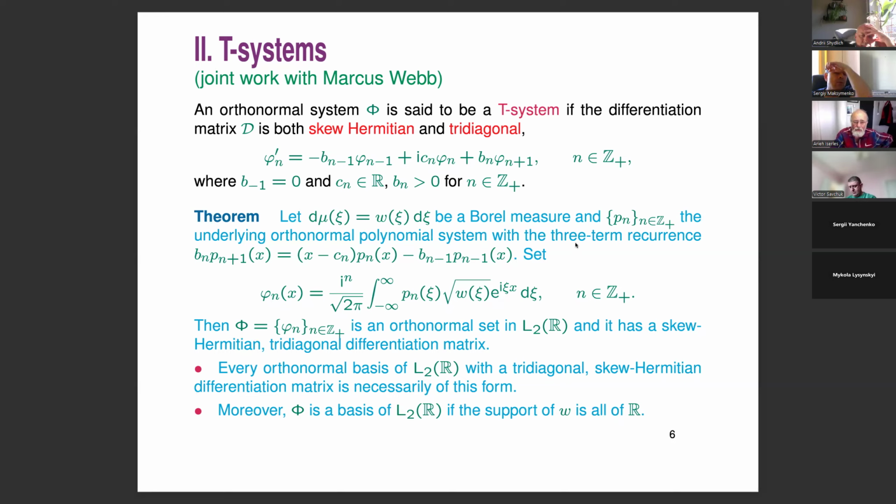And as you know, orthogonal polynomials obey a three-term recurrence relation, and I want the recurrence relation to be as written here, with the same b's and c's as in the relation over there.